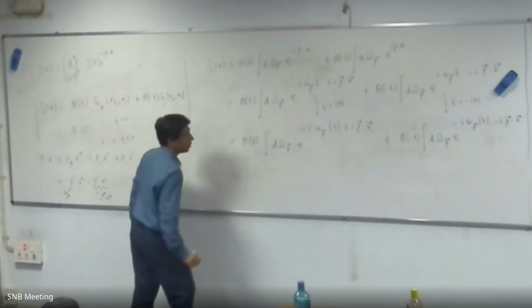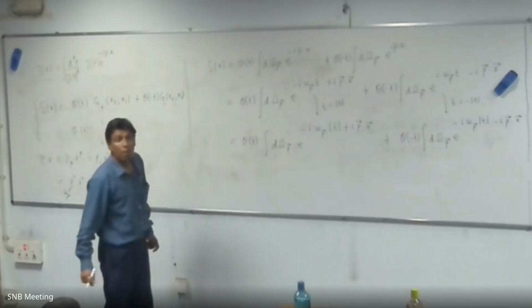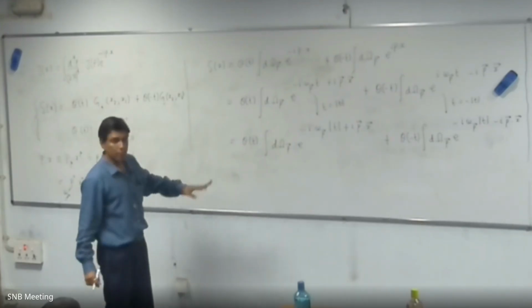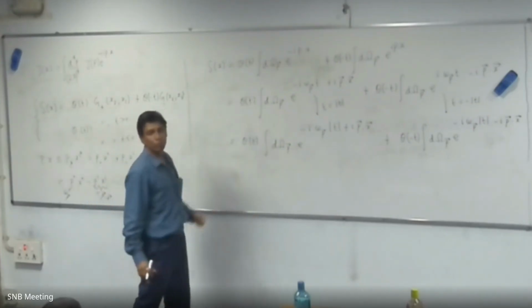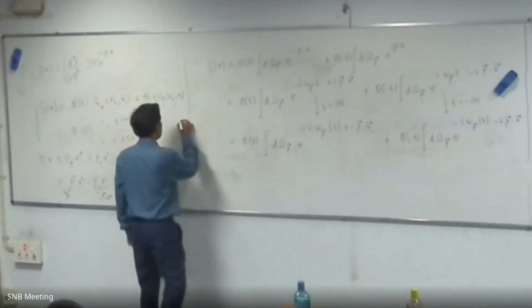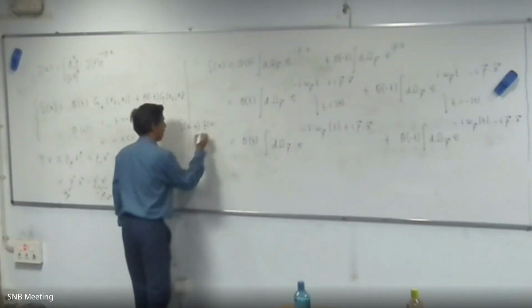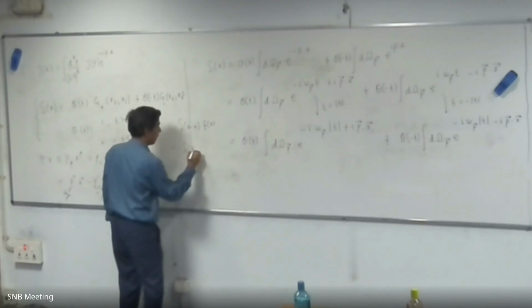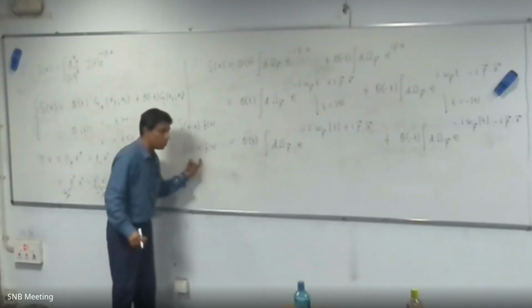So now let us look at this term. Can we remove the theta now? No, you cannot remove the theta now. Theta is always there. Even when you have enforced the delta function, do you remove the delta function?